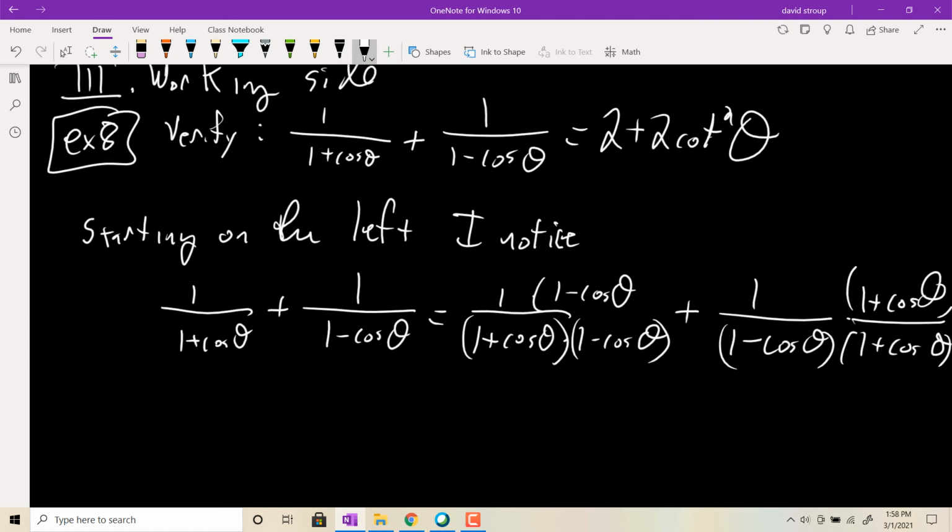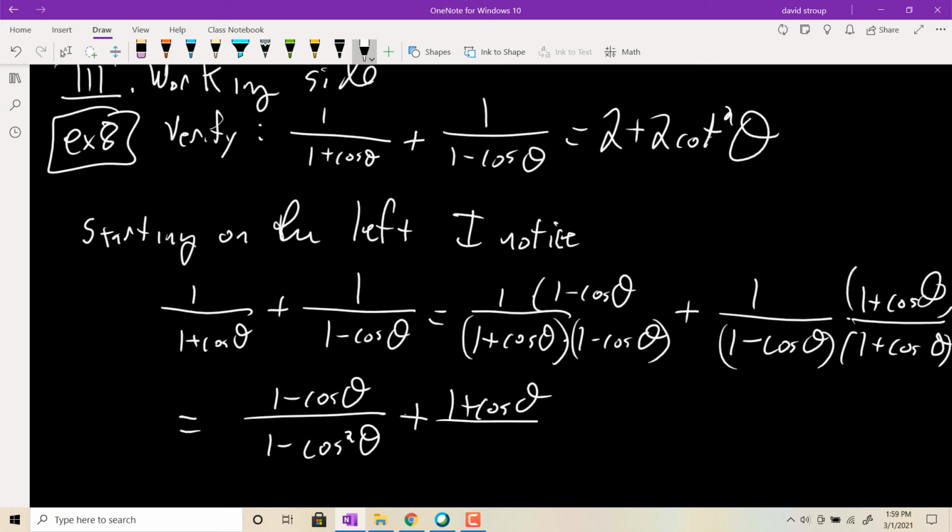Make it clear. Then what do I have? In the first one, I have 1 minus cosine theta all over the denominator, which is 1 minus cosine squared theta. First, outer, inner, last: the inner and outer will cancel. Plus 1 plus cosine theta all over 1 minus cosine squared theta.